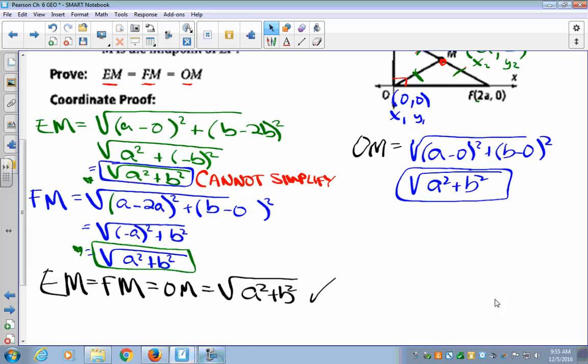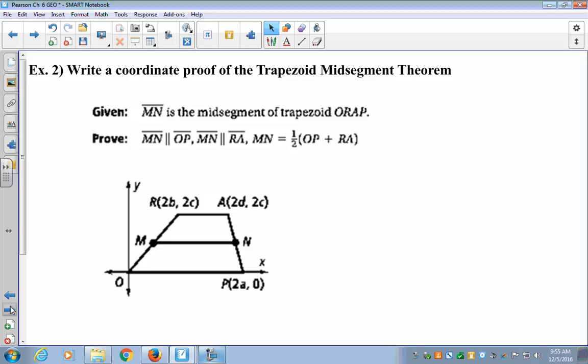Okay, final example of using coordinate proofs. We are given that MN, this guy in the middle here, is a mid-segment for the trapezoid.